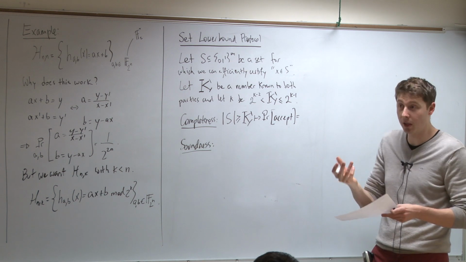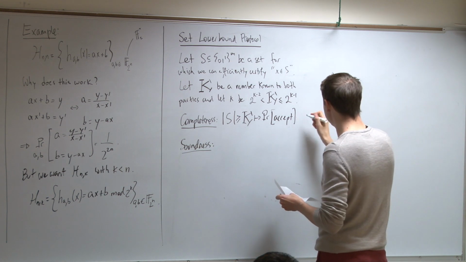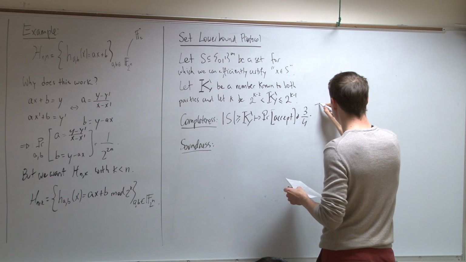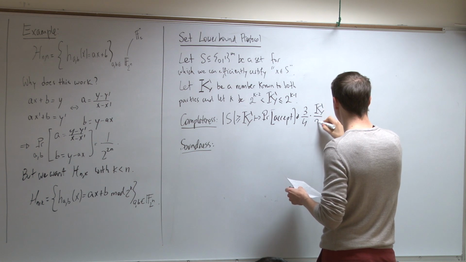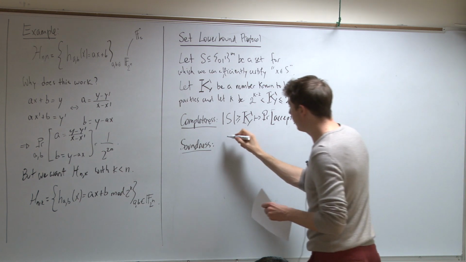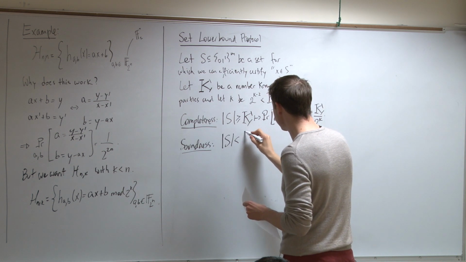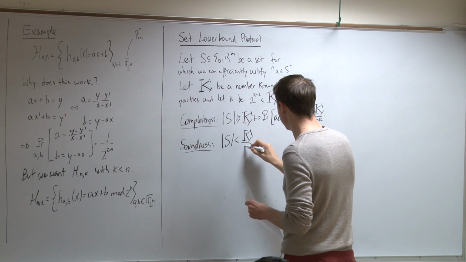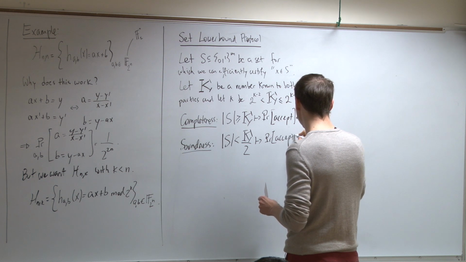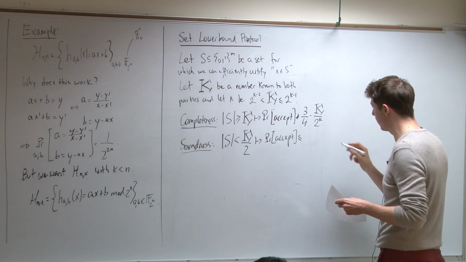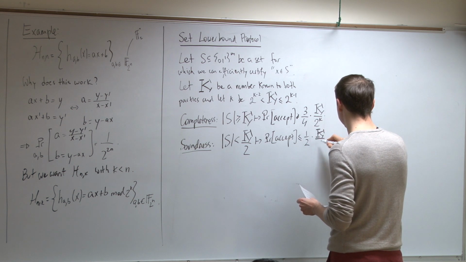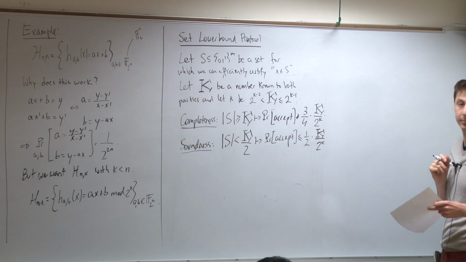We want 1, but today we won't achieve that. So instead, we'll say it will be large. In this case, it will be 3/4 of capital K divided by 2 to the k. And if S instead is small, namely less than capital K over 2, then we want the probability of accept to be small. In this case, it will be at most a half times this same quantity.